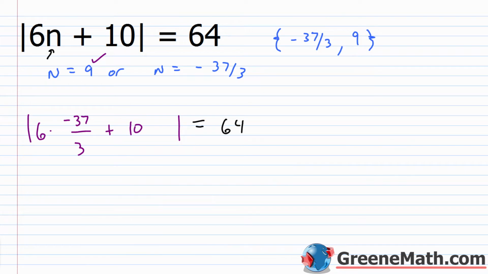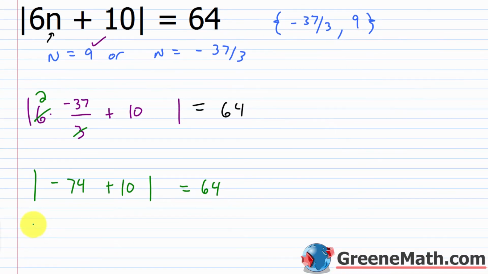So I know that this will cancel with this and give me a 2. 2 times negative 37, as we know, is negative 74. So this would be the absolute value of negative 74 plus 10, and this should equal 64. Negative 74 plus 10 is negative 64. So this would be the absolute value of negative 64 is equal to 64.